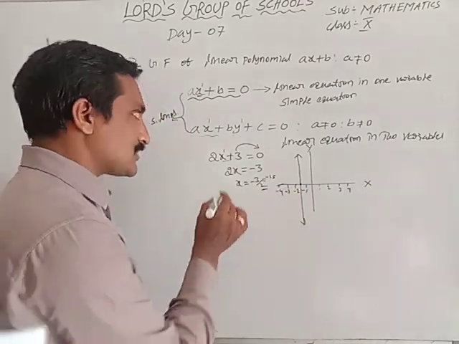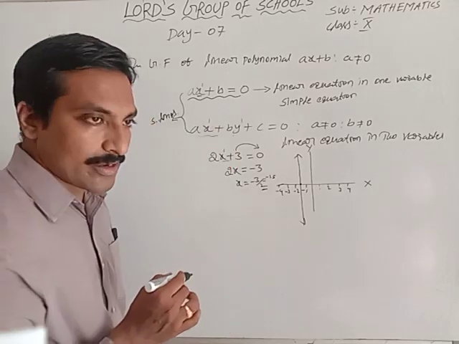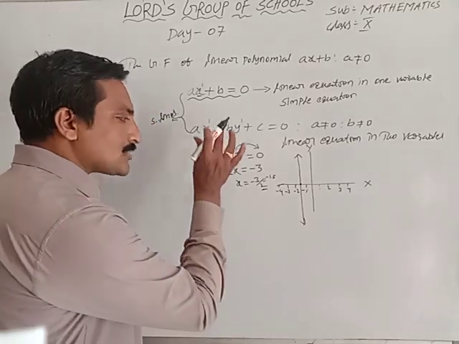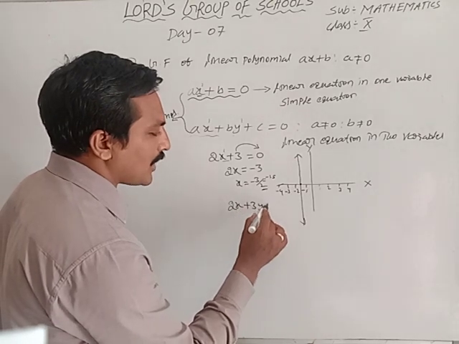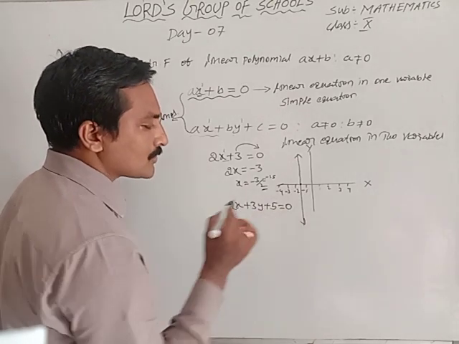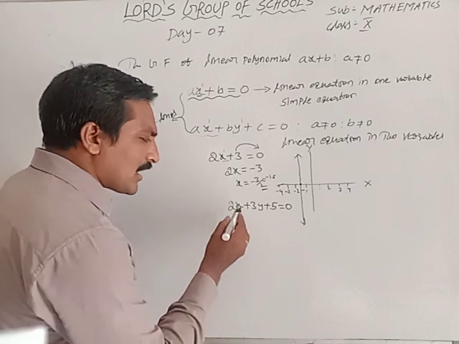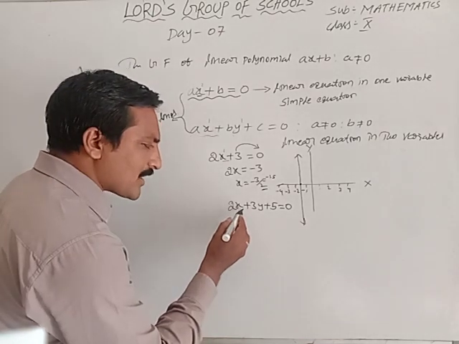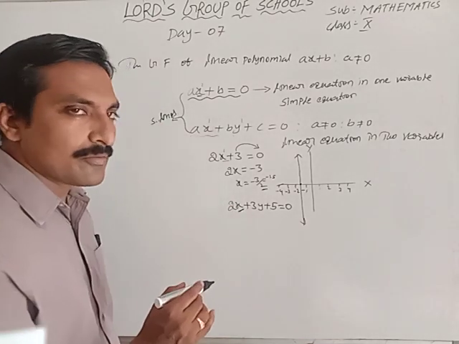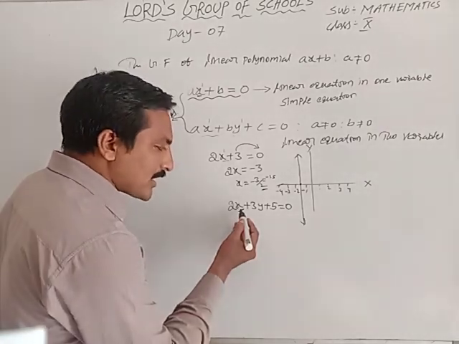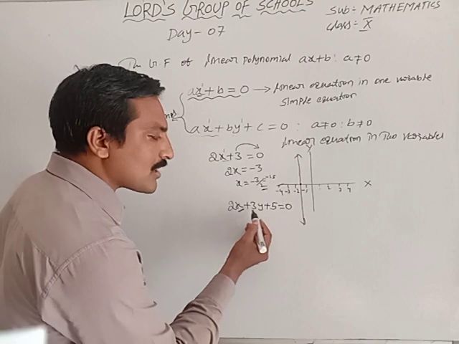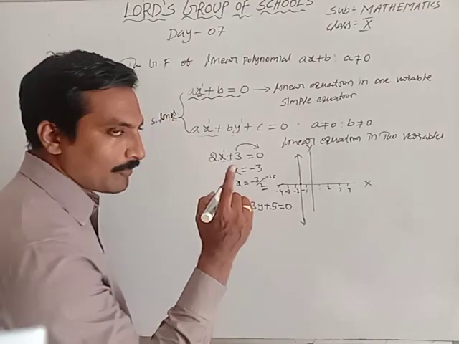Next, we come to the linear equation in two variables. In this case only a single equation is given, 2x plus 3y plus 5 is equal to 0. In place of x you take any natural number or whole number, and each time you get one particular value of y.